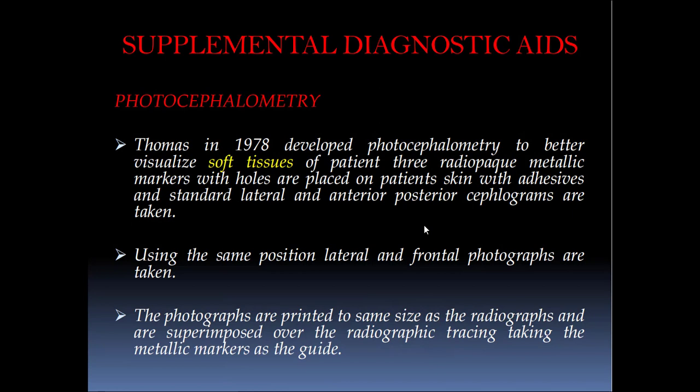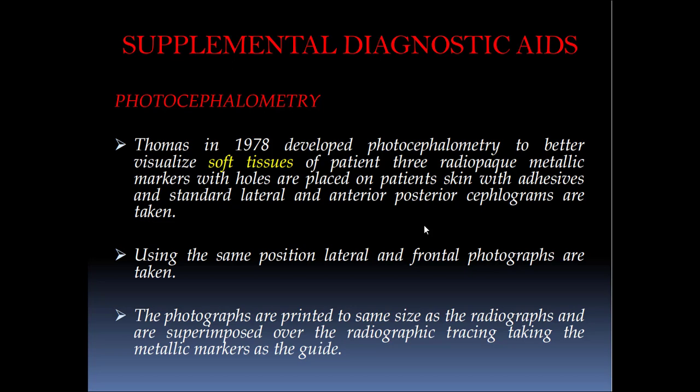Coming to photocephalometry, Thomas in 1978 developed photocephalometry to better visualize soft tissues of the patient. Now, what is there in photocephalometry? First of all, the lateral cephalogram or lateral radiograph is taken by fixing some metal markers on the patient's face. From the same position, the patient's lateral photograph is taken and from the same distance.